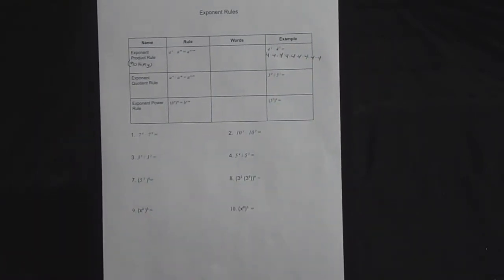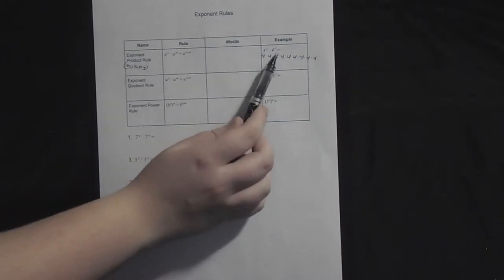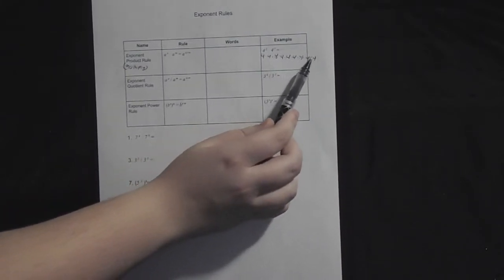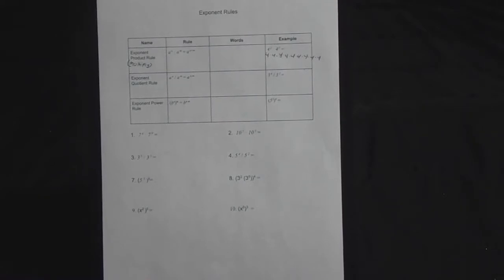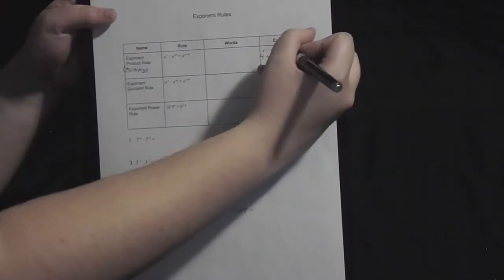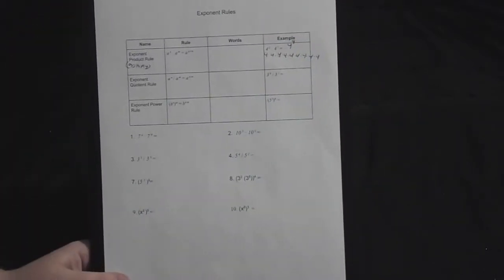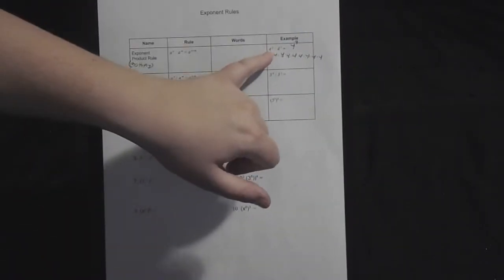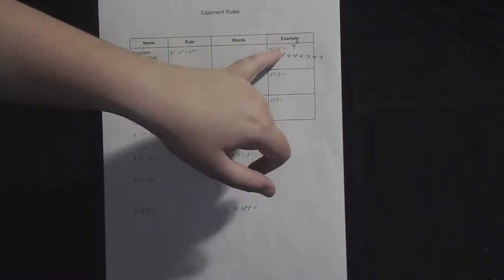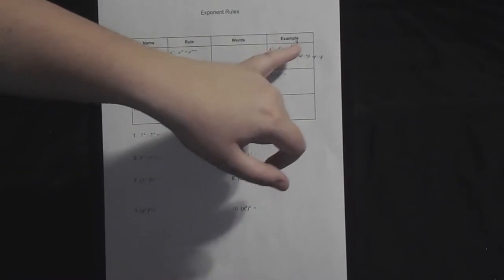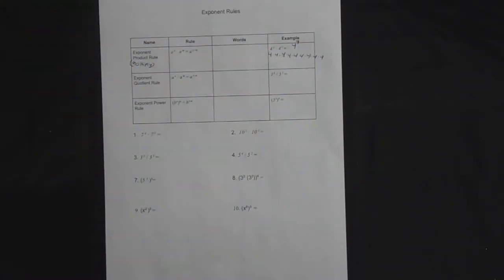And if I tried to put that all back together and counted, I would have 1, 2, 3, 4, 5, 6, 7, 8, 9 4s being multiplied together, which is 4 to the power of 9. So look what happened to those exponents. The exponent of 2 and the exponent of 7, they together, to get that 9, you end up adding them.